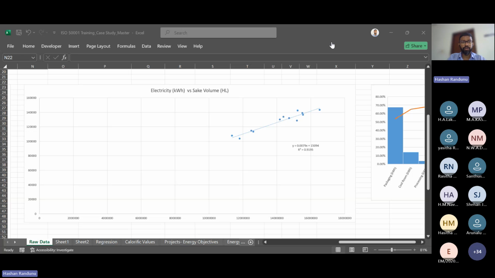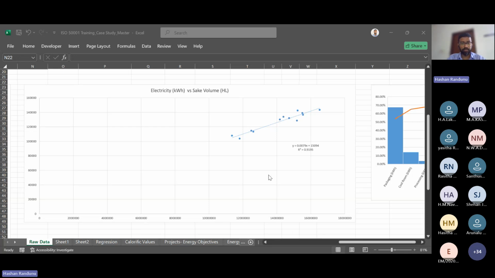So you can refer to the standard of ISO 50001, and also there is a separate standard for energy baseline and energy performance indicator calculation. There is a separate ISO standard, ISO 50006.